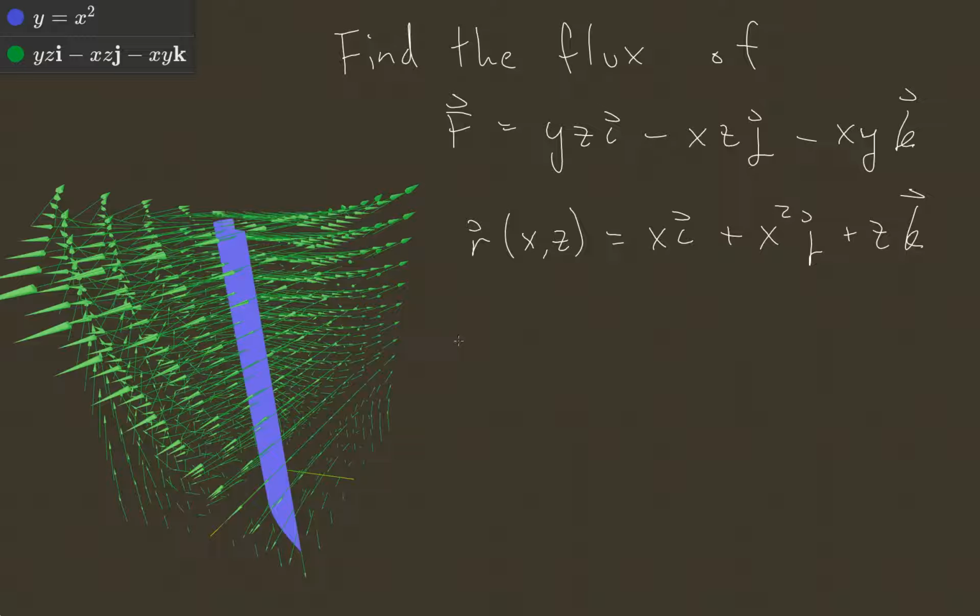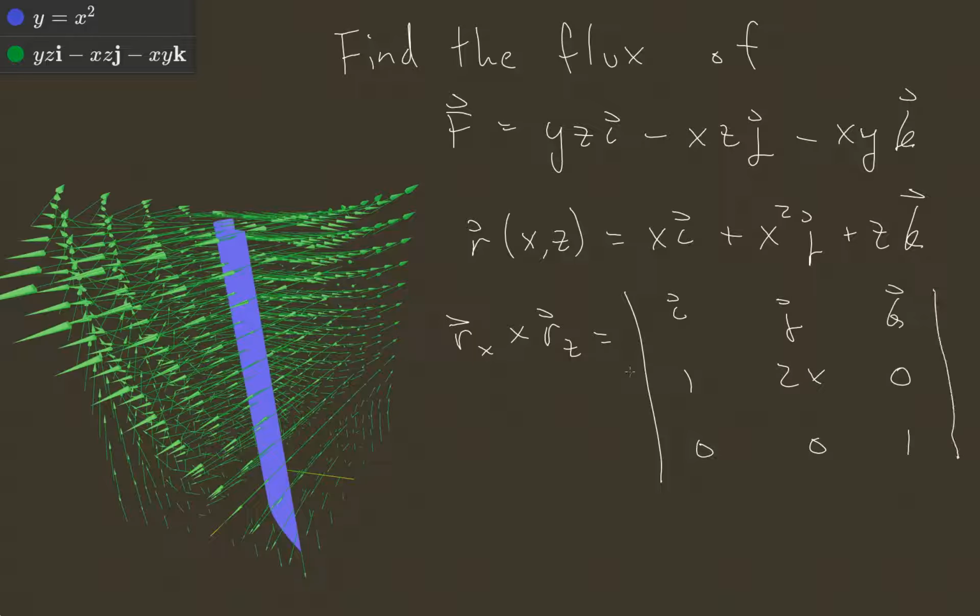And that gives r_x cross r_z, so this will be the determinant of 1, 2x, 0, 0, 0, 1, with i, j, k.